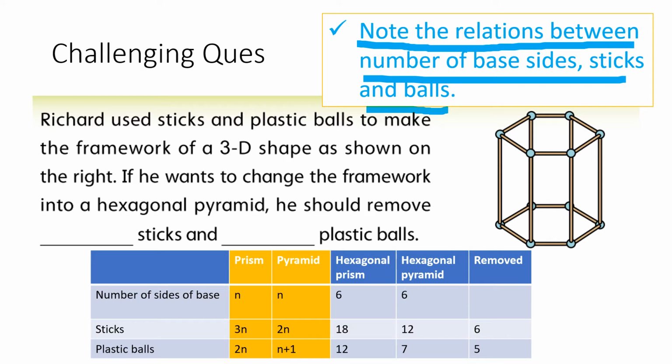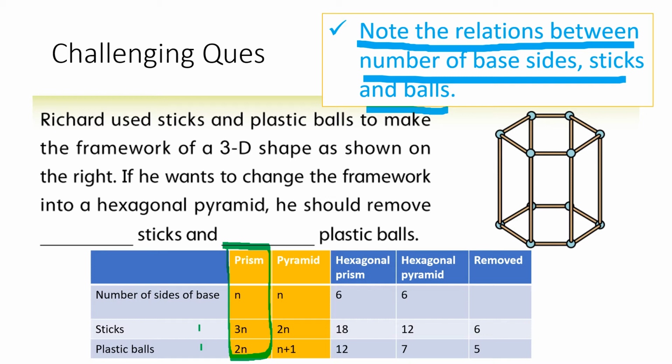Okay. So under the column of prism, this is the relation between the number of sides of the base, the sticks and the plastic balls. So for example, in this case, it is a hexagonal prism. So we have 6 sides in the base shape, n equals 6.